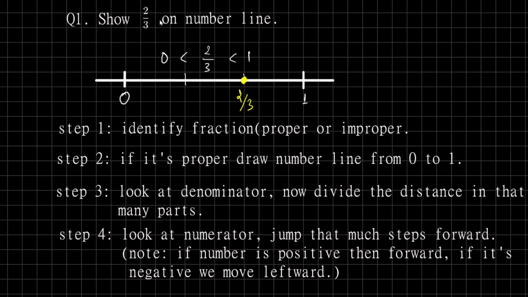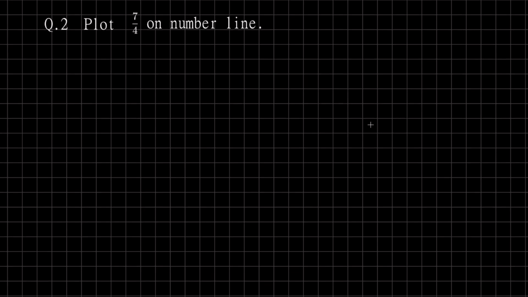Now as we know it is a proper fraction, we draw a number line from 0 to 1. Now we look at its denominator. We divide 0 and 1 into 3 equal parts. Now we look at its numerator, which is 2. So we move 2 steps forward from 0 and then we got our point 2 over 3.